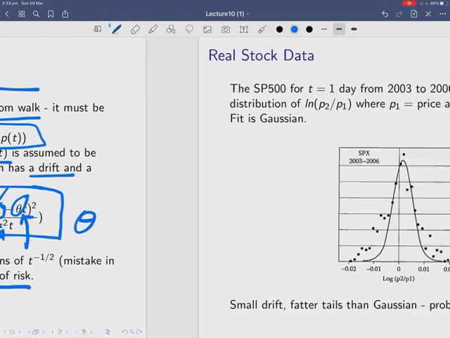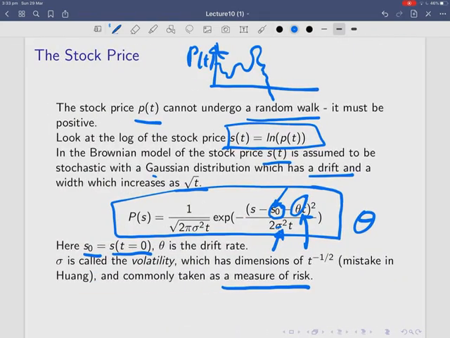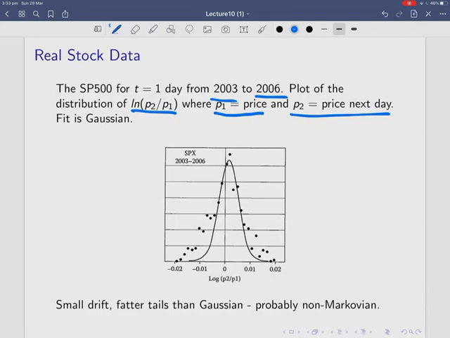Okay, let's look at some data. This is the S&P 500 for 1 day from 2003 to 2006, and we plot the distribution of the log of P2 over P1, where P1 is the price and P2 is the next day's price. The model will predict it because we can go forward in time 1 day if we want to. We're trying to fit a Gaussian model to this, and it's sort of okay, except the tails are not quite right.